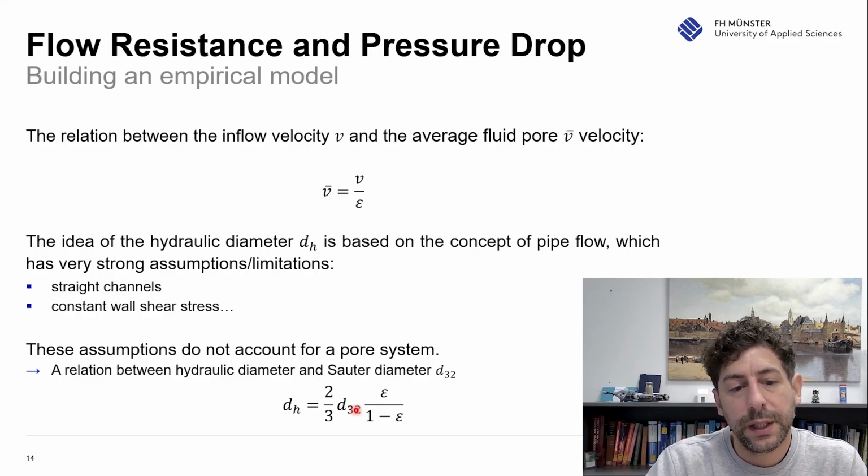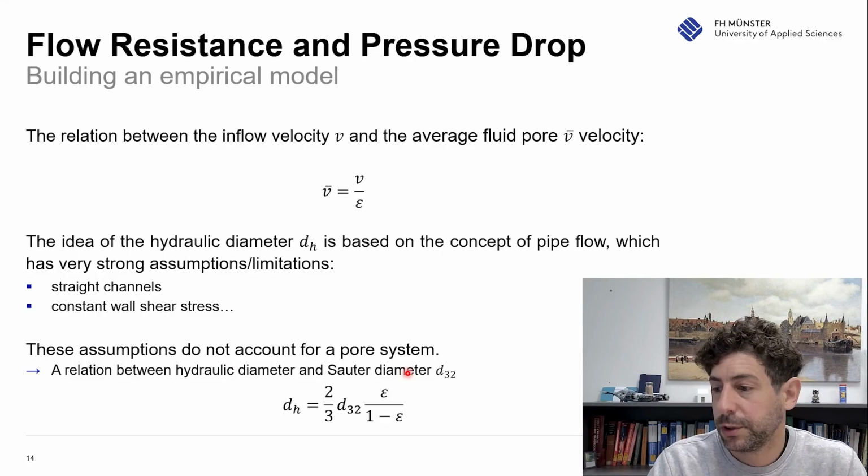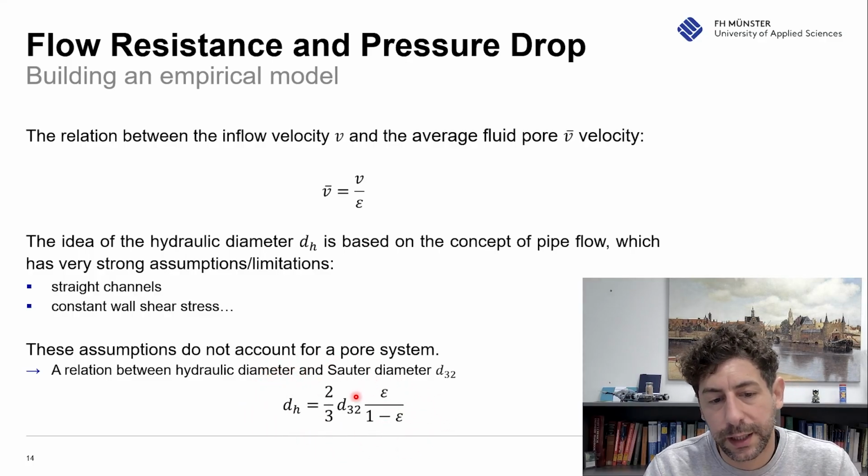So we can relate the hydrodynamic diameter to the Sauter diameter, which is a particle size, and both are related over the specific surface area. And this is basically the expression for how they are related. So instead of dH, we can write this here.